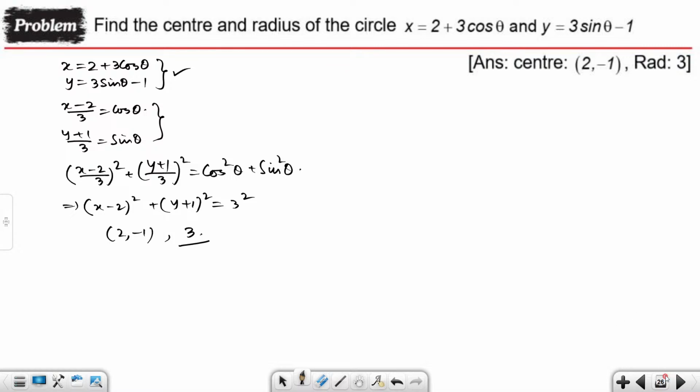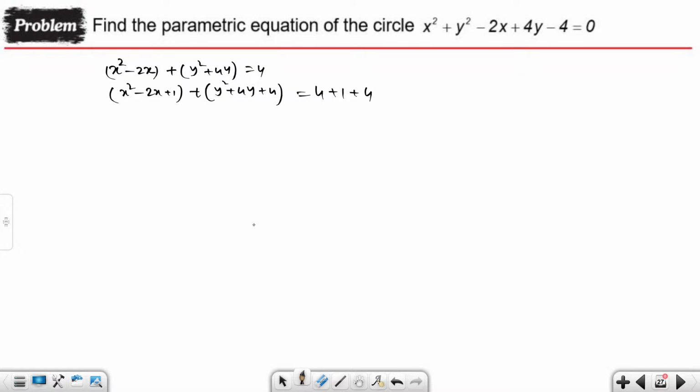Let us take another example. See this question. I have been asked to find the parametric equation. Pretty simple. So you add 1 here, you add 4 here, and the same thing on the right-hand side. So we have x minus 1 whole square plus y plus 2 whole square equals 9, which is 3 square.